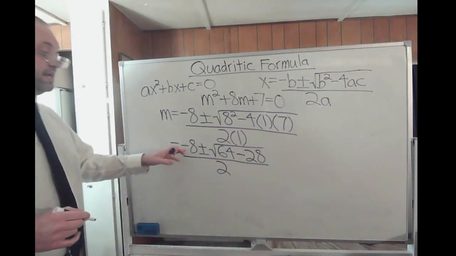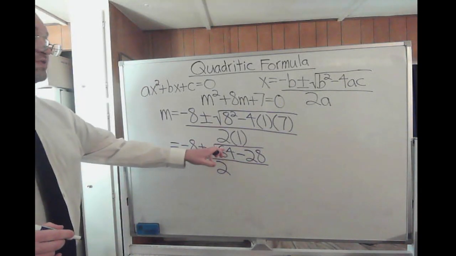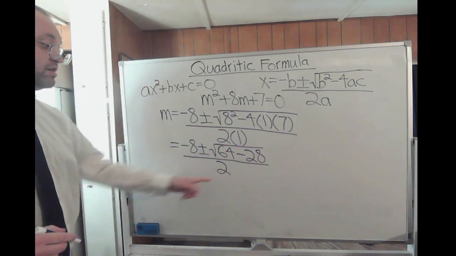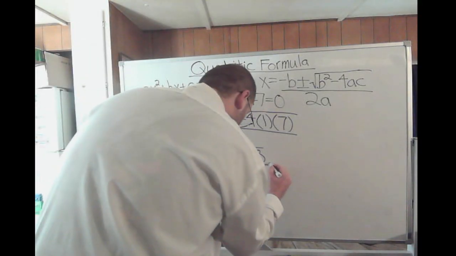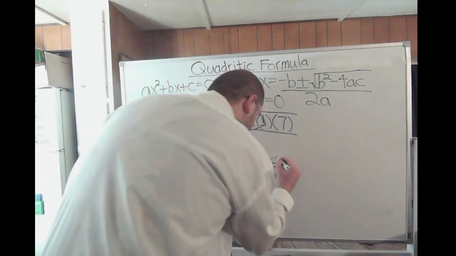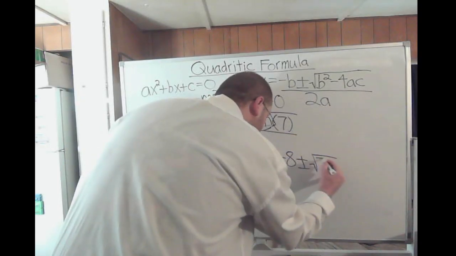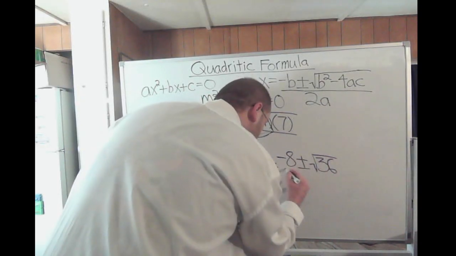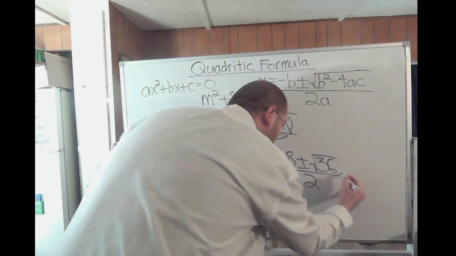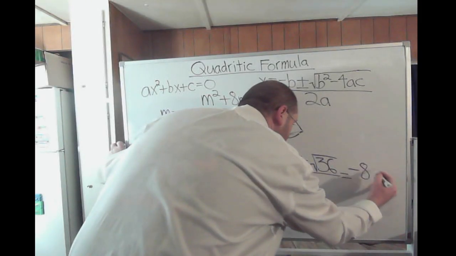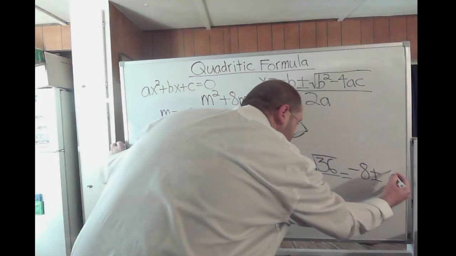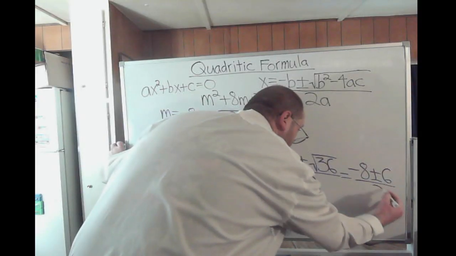So now we're down to negative 8 plus and minus the square root of 64 minus 28 all over 2. Which is going to simplify further into negative 8 plus and minus the square root of 36 all over 2. Which means this equals negative 8 plus and minus 6 all over 2.